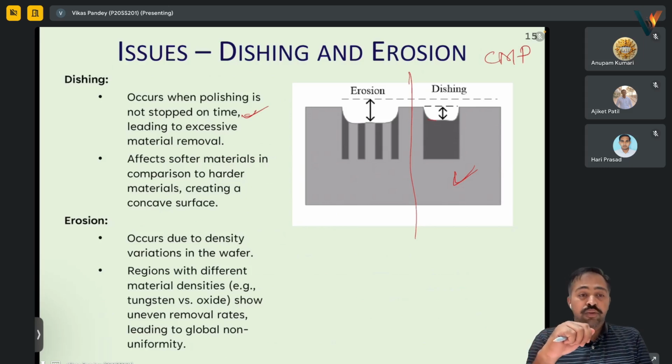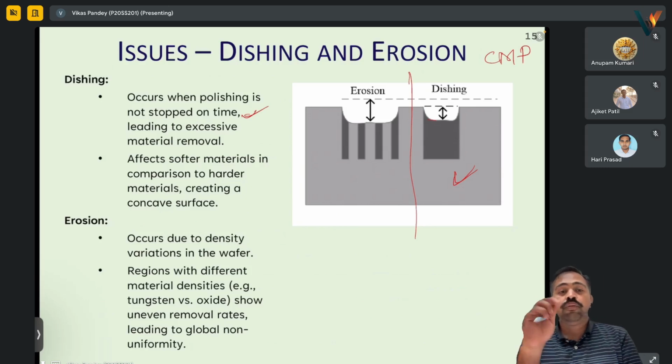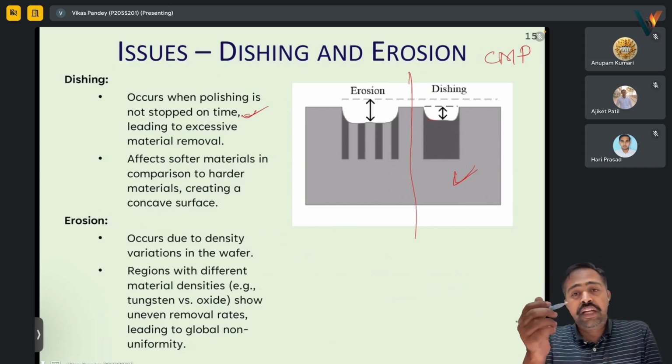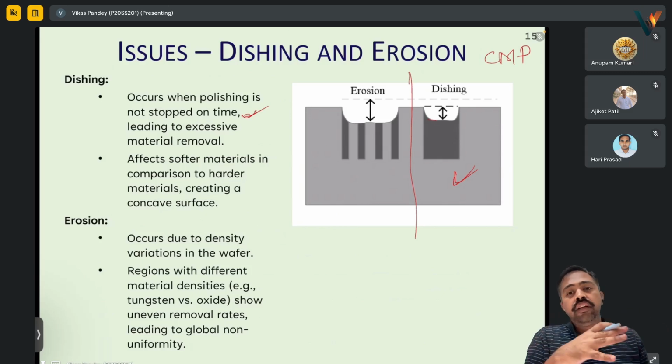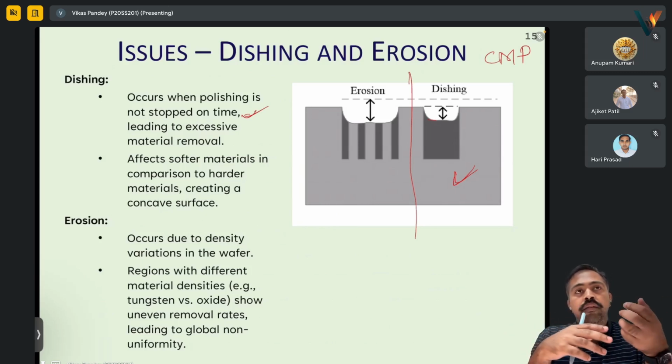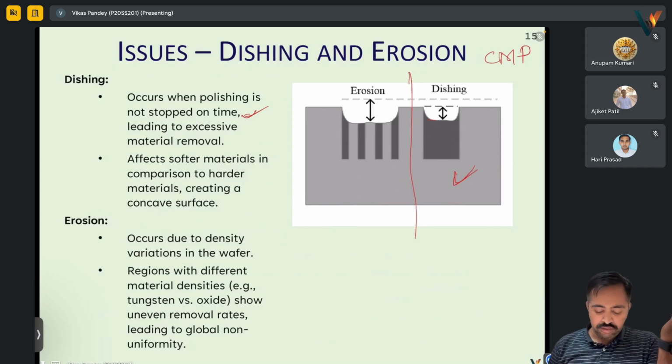Second is erosion, which occurs due to density variation in the wafer, that is in different areas or different materials. Like if we have different materials in different areas of the wafer, like tungsten and silicon oxide.